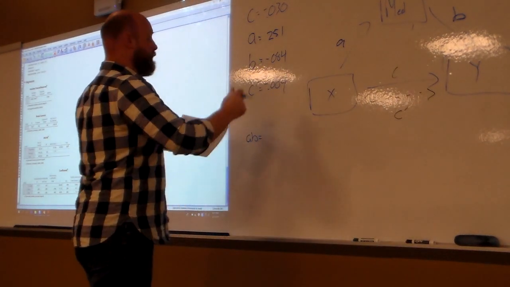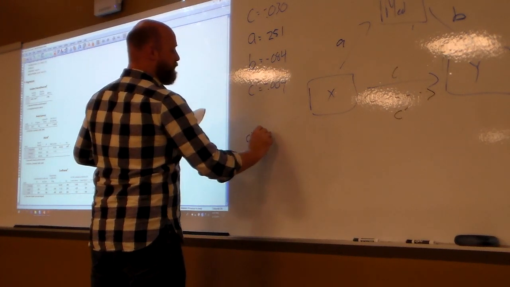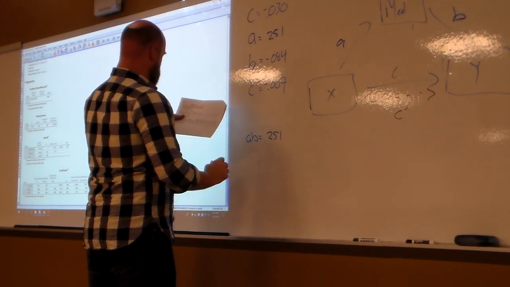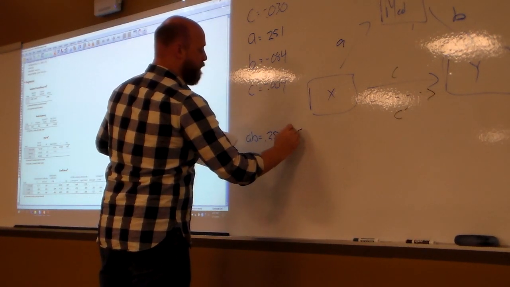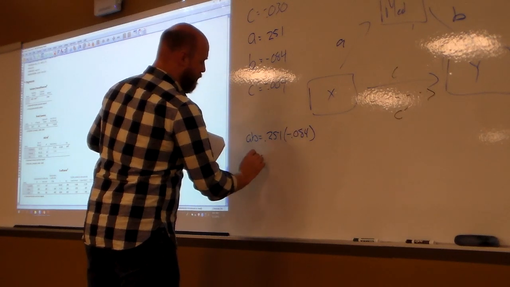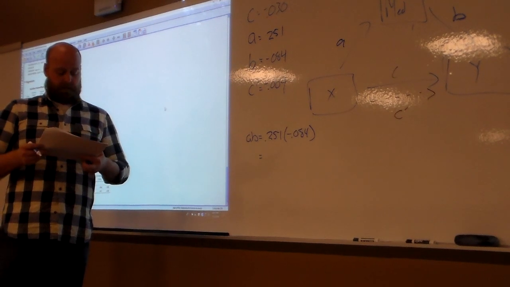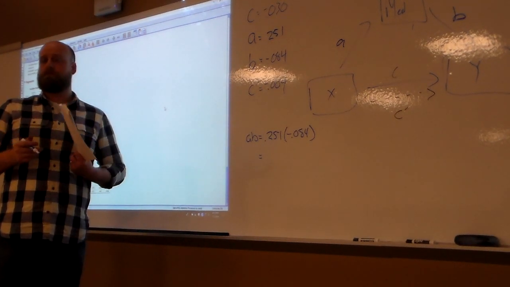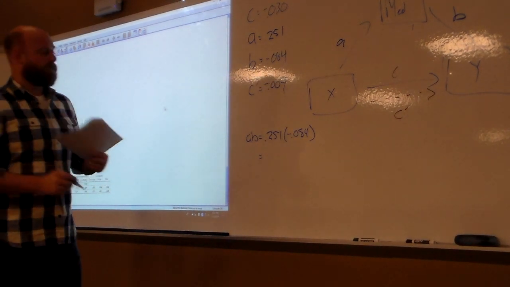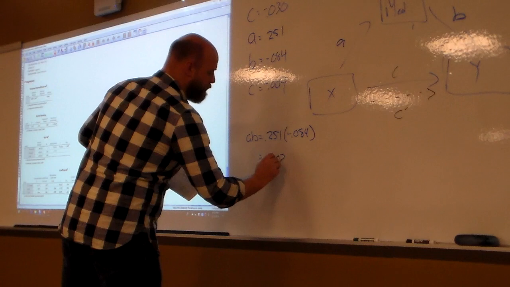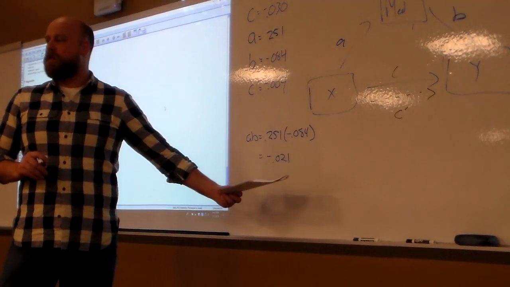If I take A, which is 0.251, and I multiply that by -0.084, someone tell me what I get. -0.021. Okay, so this is the coefficient for my indirect path.